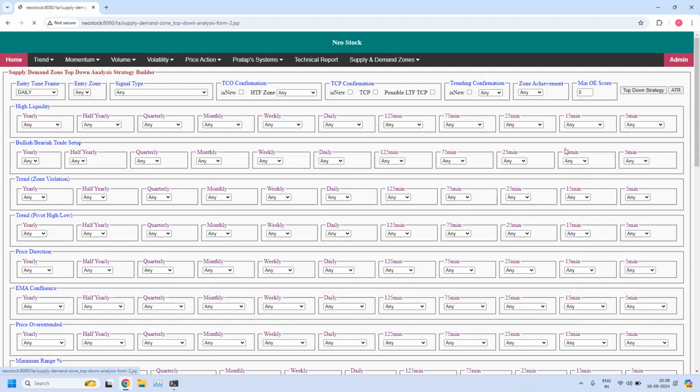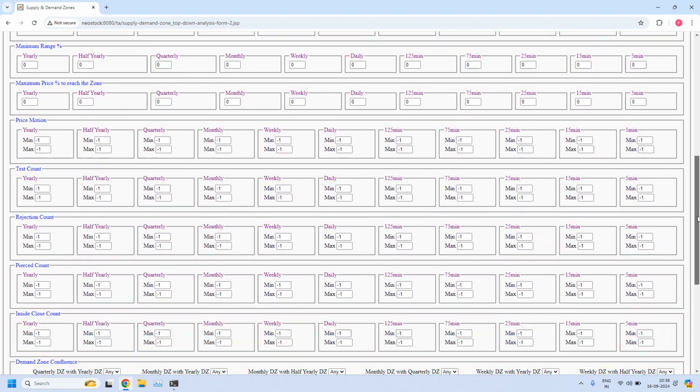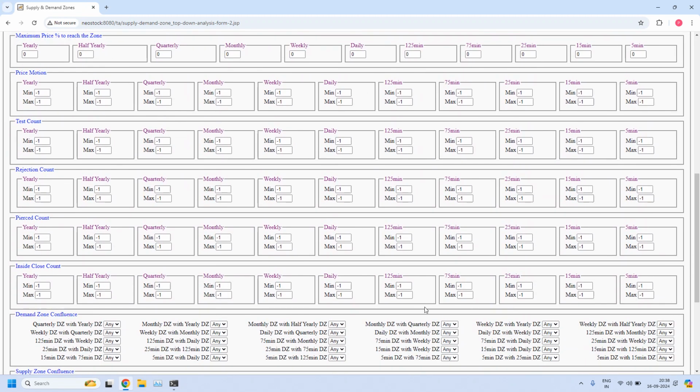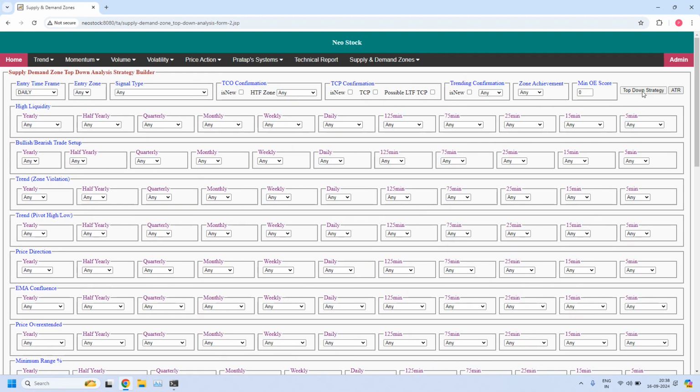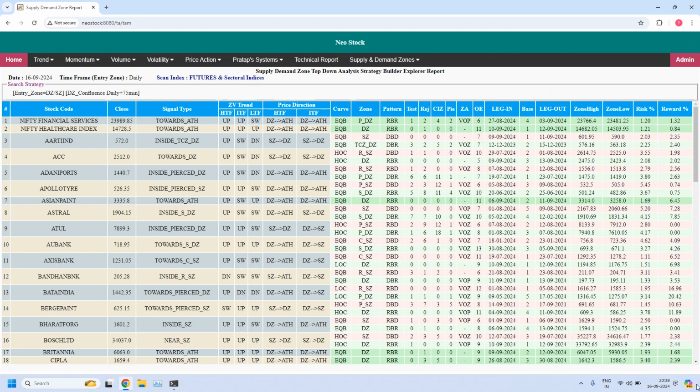So in the demand zone confluence, I am going to enable the filter. 75 minutes demand zone with daily demand zone confluence. I'm enabling. Let's verify. So something wrong here.